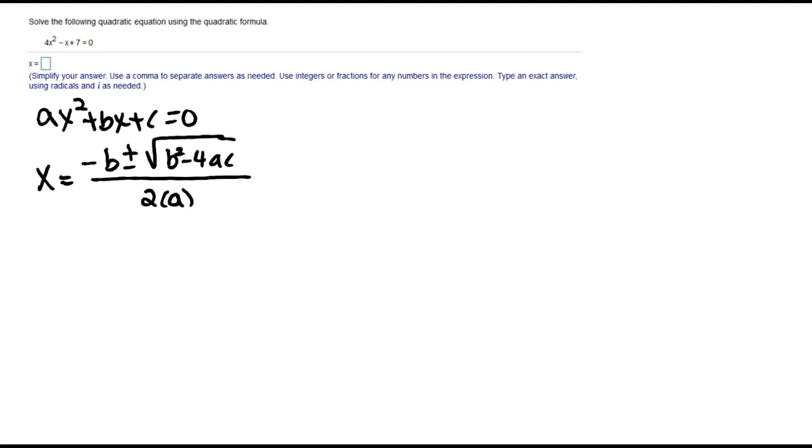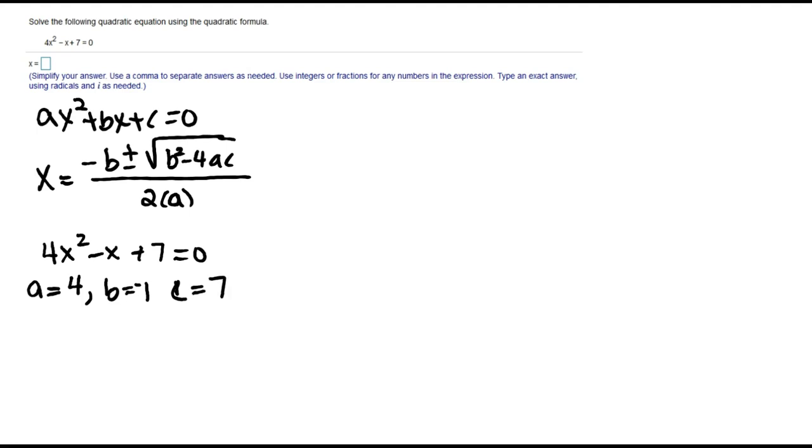So for our example, we have 4x squared minus x plus 7 equals 0. A is the coefficient of the squared term, which is 4. B is the coefficient of the x term, which is negative 1. And C is our constant, which is 7.